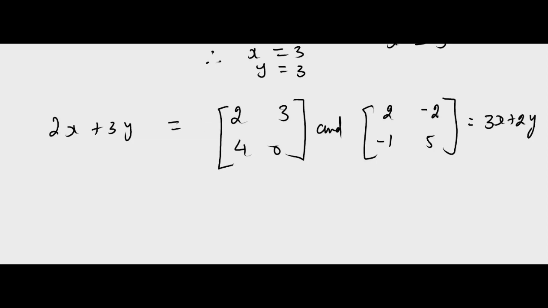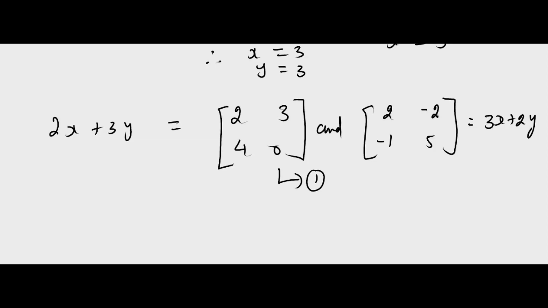This can be solved just like linear equations in 2 variables. So the first matrix is given as 2x plus 3y is equal to [2 3; 4 0]. And the second matrix is given by 3x plus 2y is equal to [2 -2; -1 5].